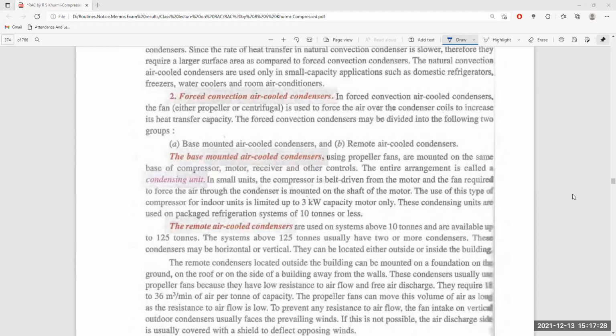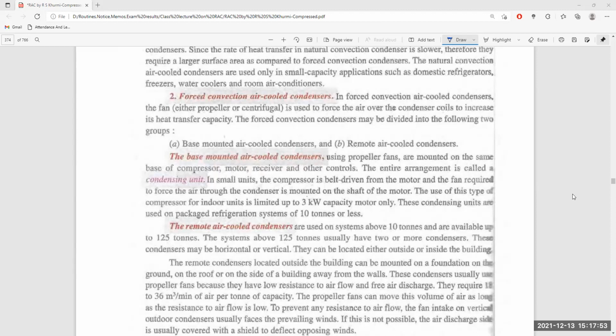The entire arrangement is called a condensing unit. The compressor, its motor, its receiver, and other controls are on the same base with the condenser fan, and the fan forces air directly over the condenser surface, and this reduces the power losses to a considerable extent.